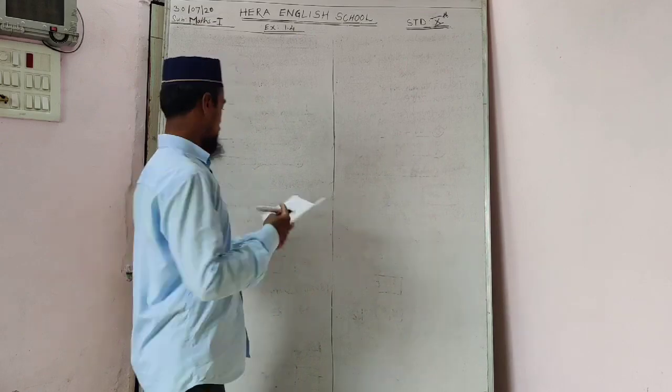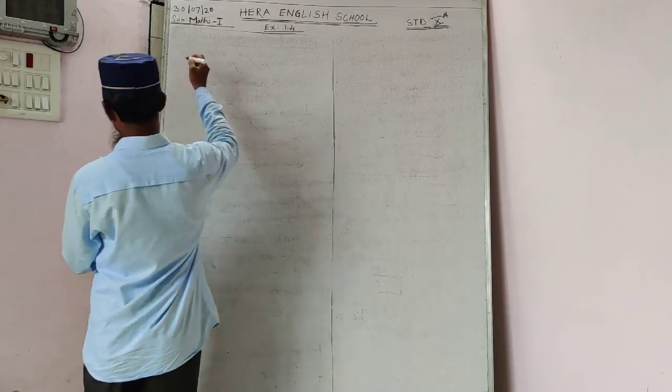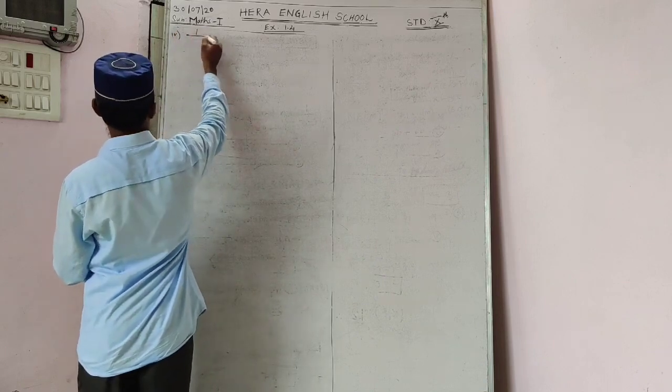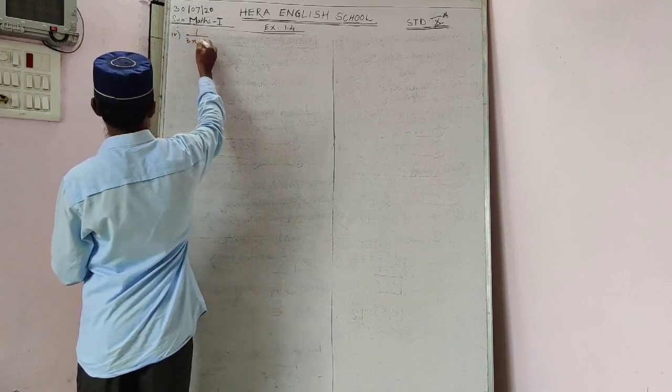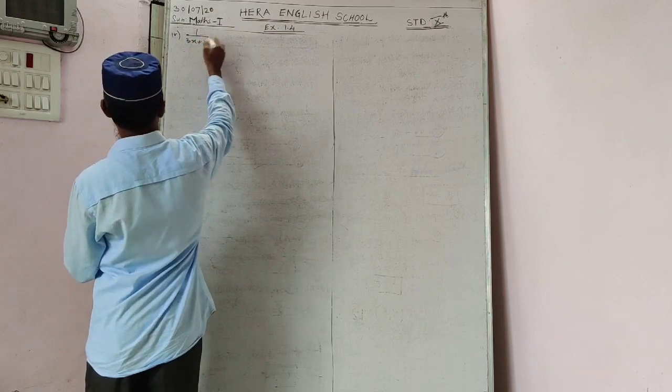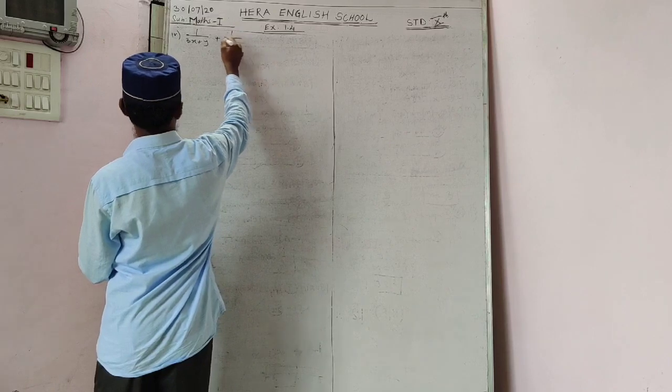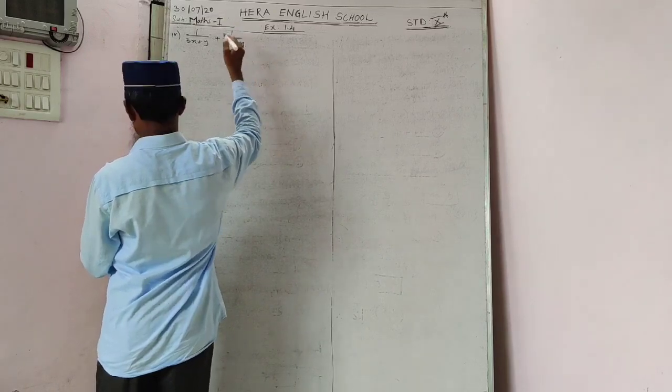See everyone, question number 4 in your textbook. The fourth one, we have 1 upon 3x plus y, plus 1 upon 3x minus y.